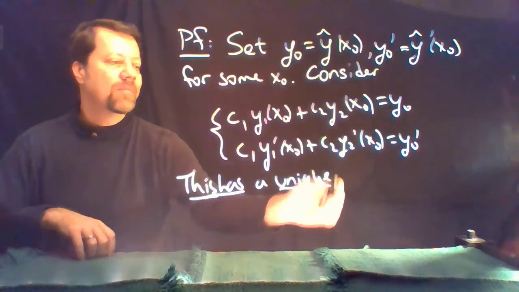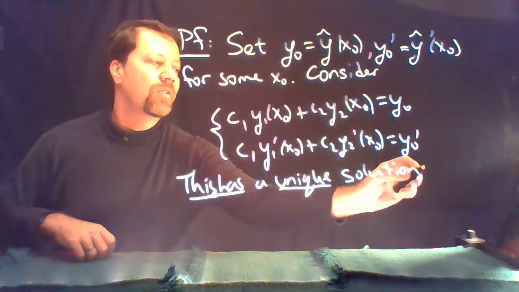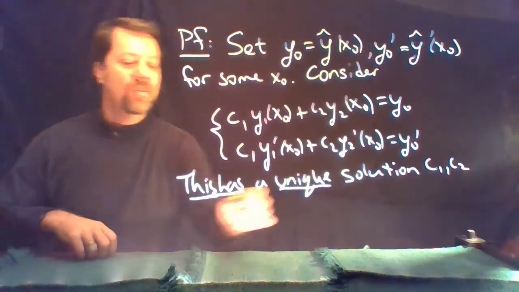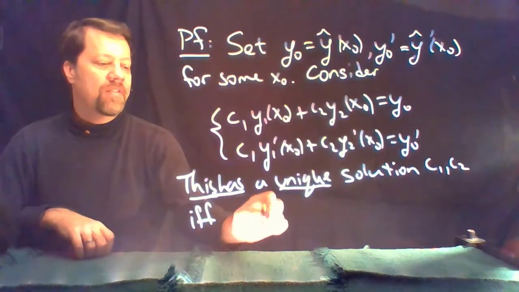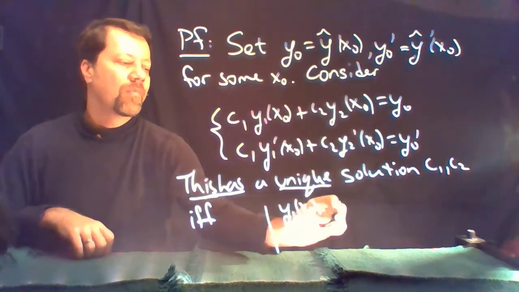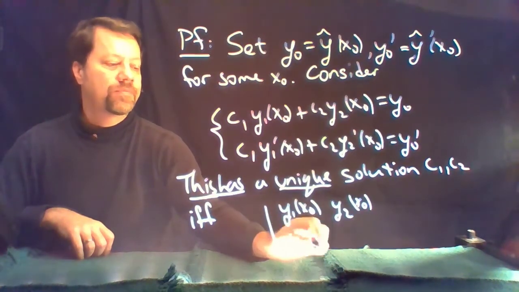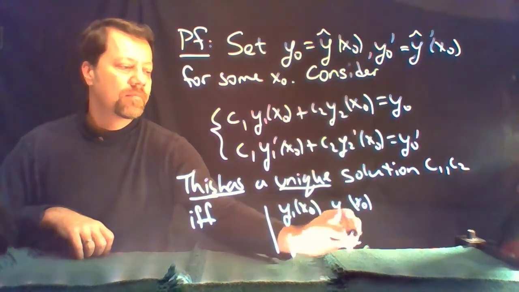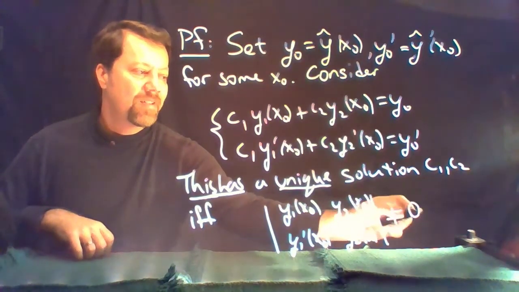There exists a unique solution C1, C2, if and only if the determinant of the coefficient matrix is not 0.